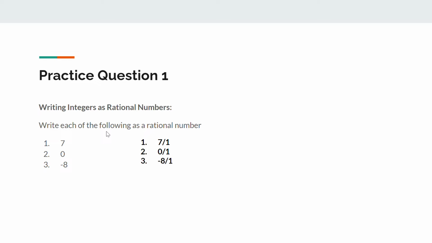It's basically just putting a 1 in the denominator, which keeps the value the same, and makes it a rational number.